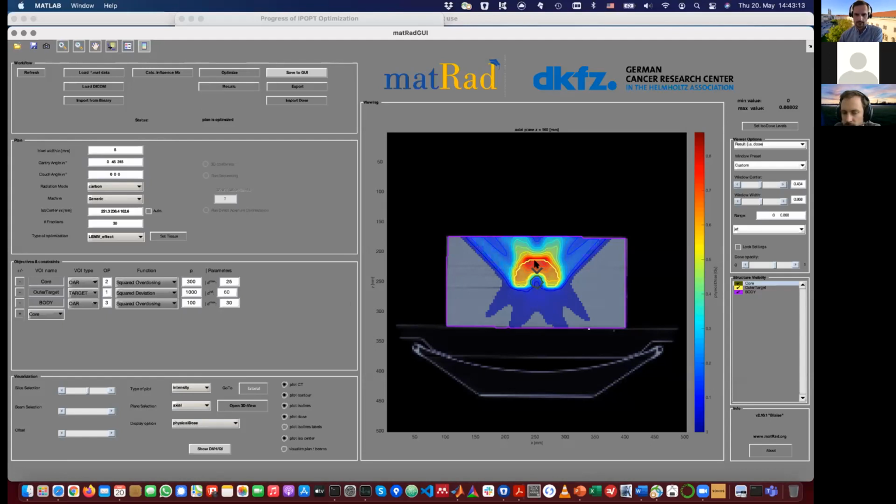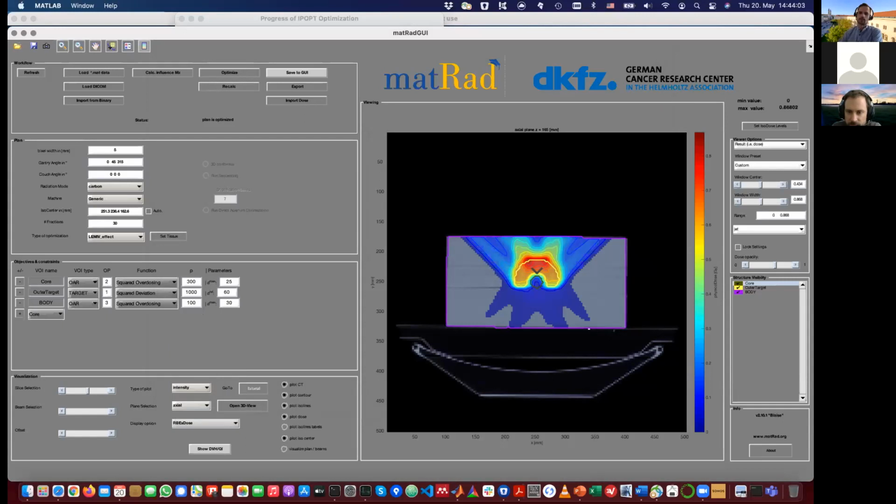So here we have the physical dose. Now let's have another look at the RBE, or maybe this is also worth an image. I should also take a screenshot here, because this is now the physical dose of a biologically optimized treatment plan.